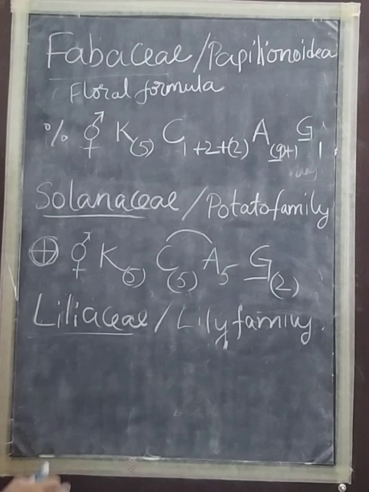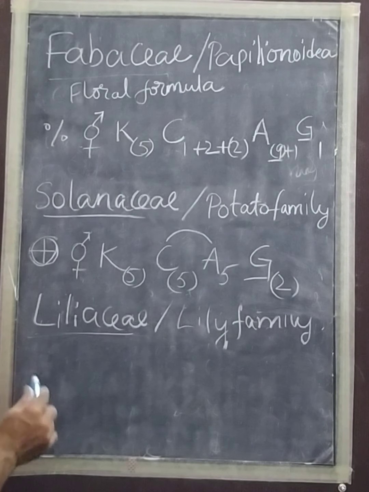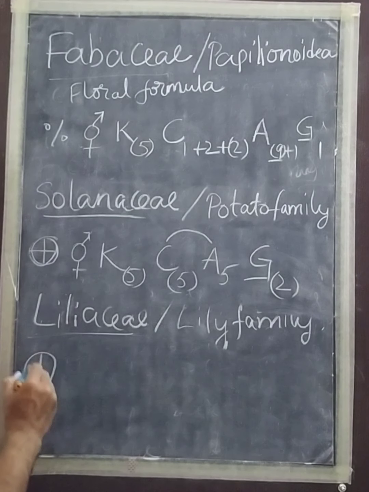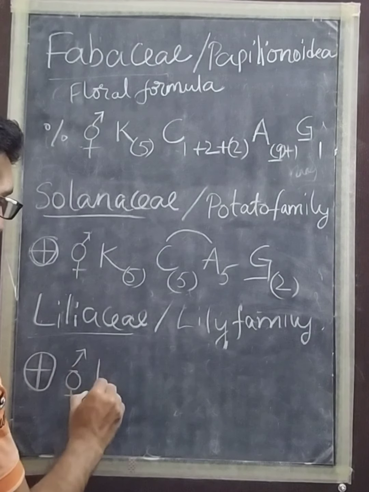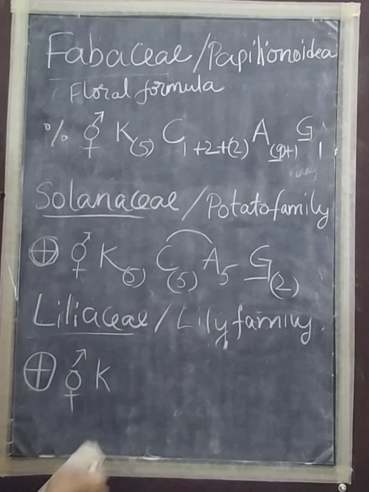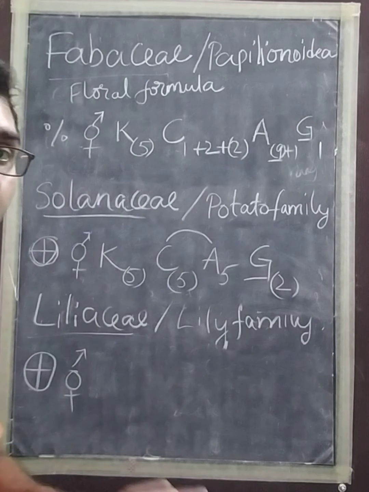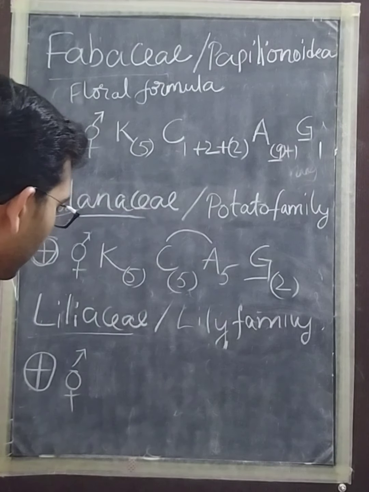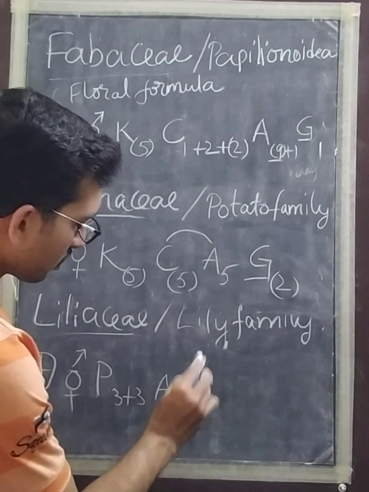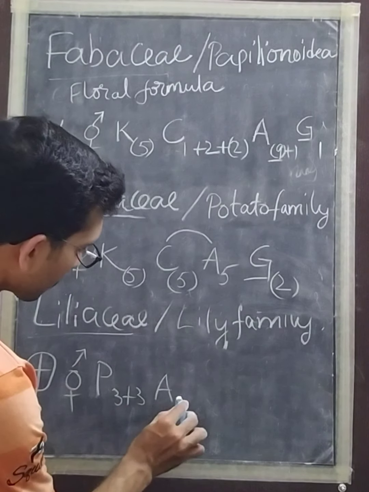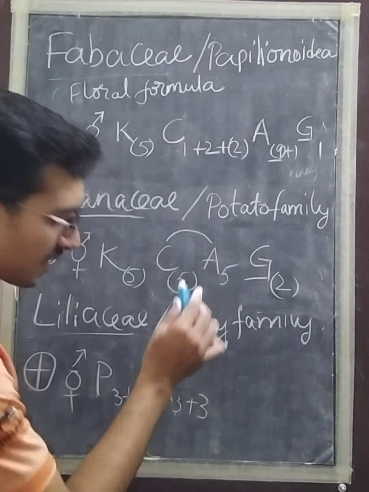Next, the final one is the Liliaceae family floral formula. So these are actinomorphic type of flowers, bisexual flowers, calyx is present. So in this family we don't have calyx and corolla. Perianth is present. So the perianth is 3 plus 3. Okay. Now after perianth we will move on to the androecium, that is the male sex organ, that is 3 plus 3.